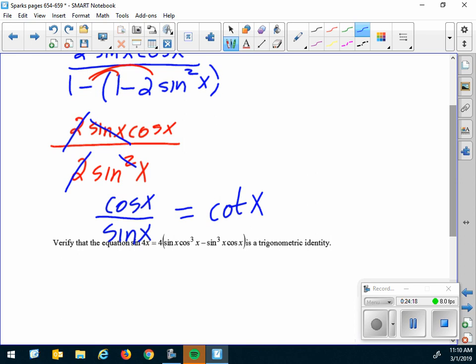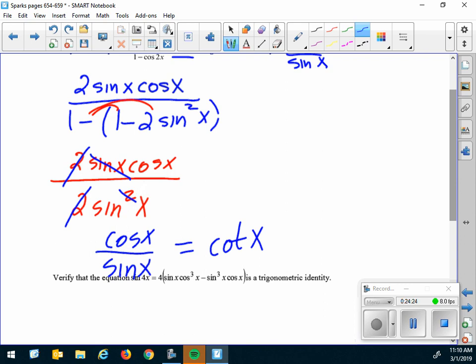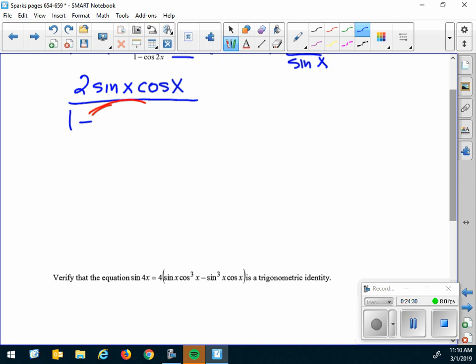Now, here's what you're thinking. Well, why can't I use one of the others if they're all the same? Let me show you. What if we decided we wanted to use another one? What if we decided we wanted to use cosine squared x minus sine squared x? Don't write this down. Then what would I have?